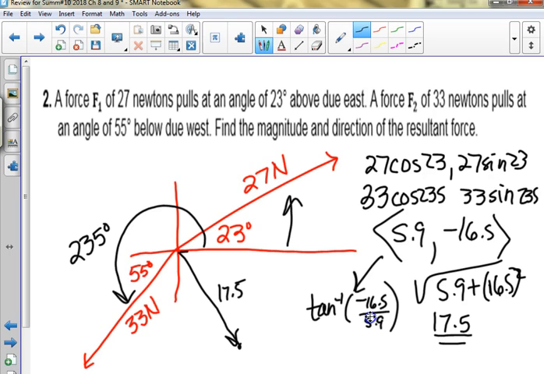Did anyone else not get 5.9? Did someone else get 5.9? For that one? Adding the x's? Are you in degrees? 27 cosine 23, close parenthesis, plus 33 cosine 235, close parenthesis.